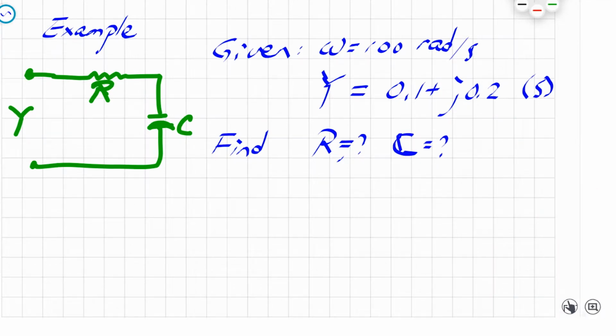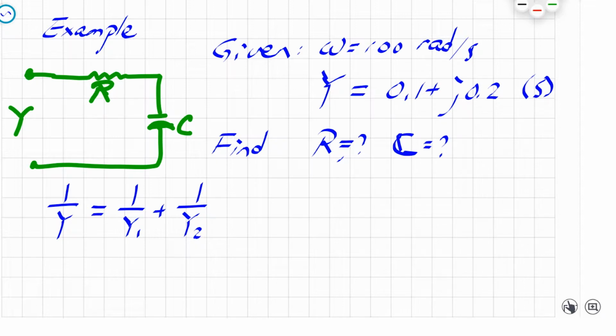First of all, we know that in series connection, 1 over Y is equal to 1 over Y1 plus 1 over Y2, and we can simply call Y1 the resistor, Y2 the capacitor.